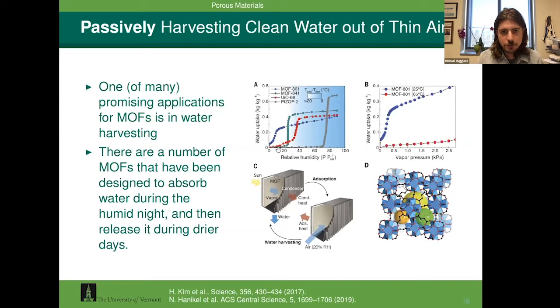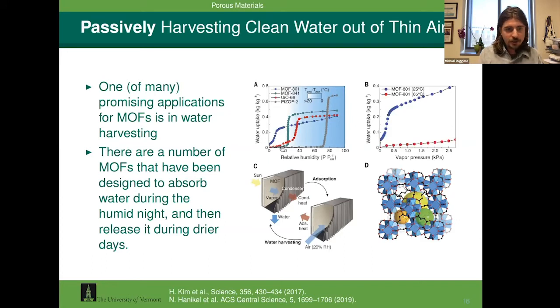So this is relative humidity and water uptake. And you see this one right around 20%. If the humidity is above 20%, it uptakes 400 grams of water per kilogram of material. If the relative humidity drops below 20%, though, it absorbs basically zero water. So it actually releases the water.